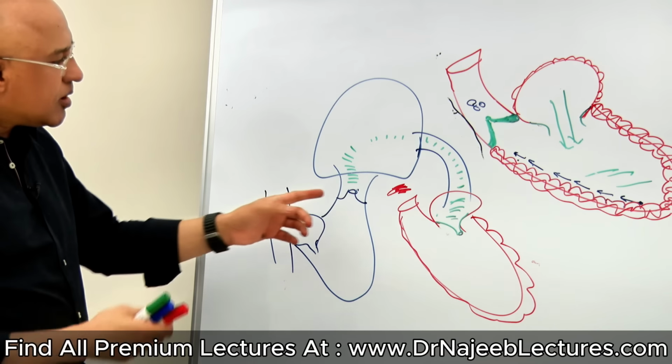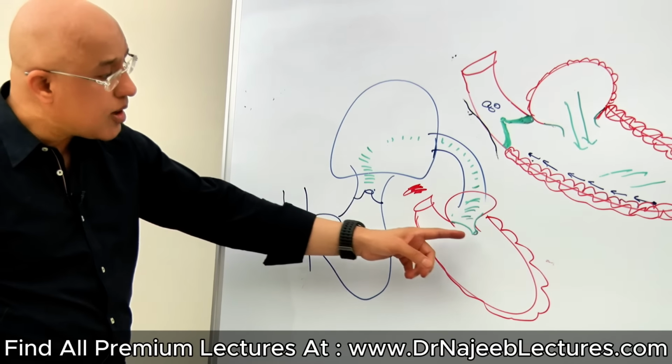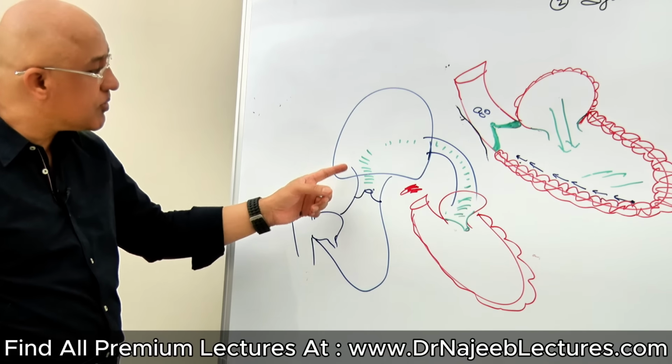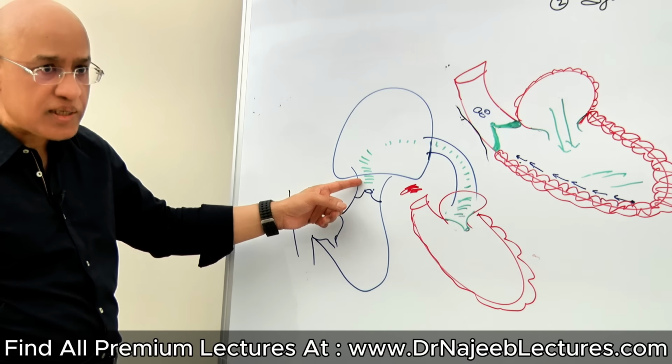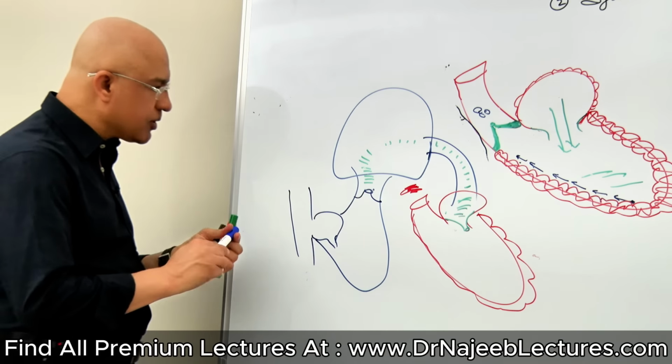So either pulmonary valve stenosis, or mitral valve stenosis with back pressure eventually leading to pulmonary arterial hypertension, will lead to hypertrophy of the right ventricle.